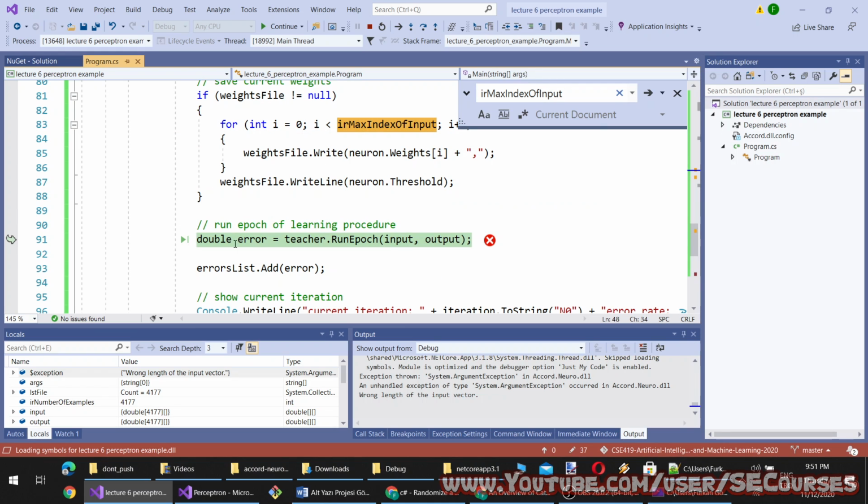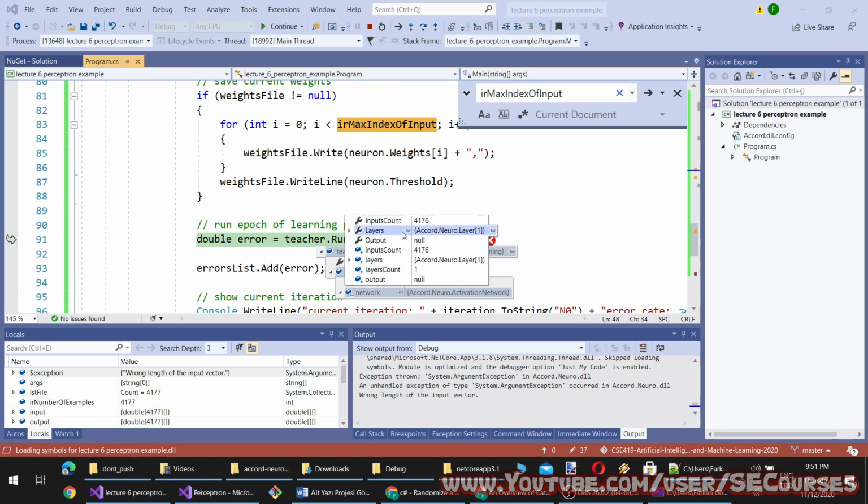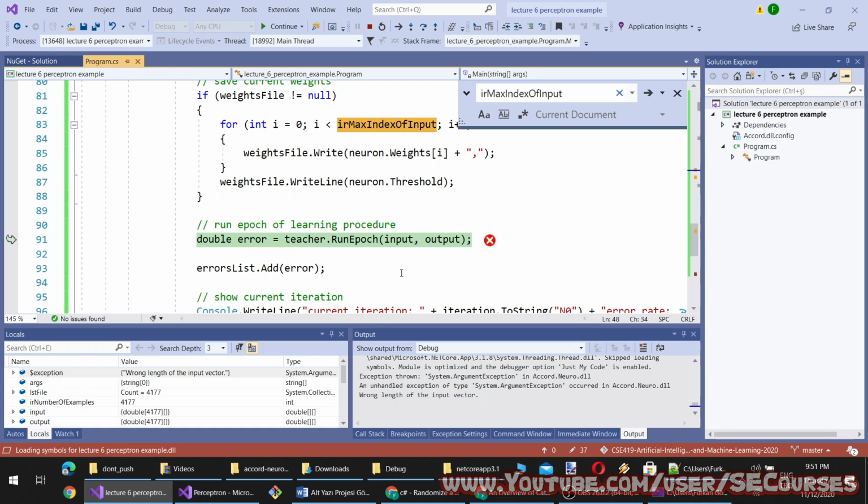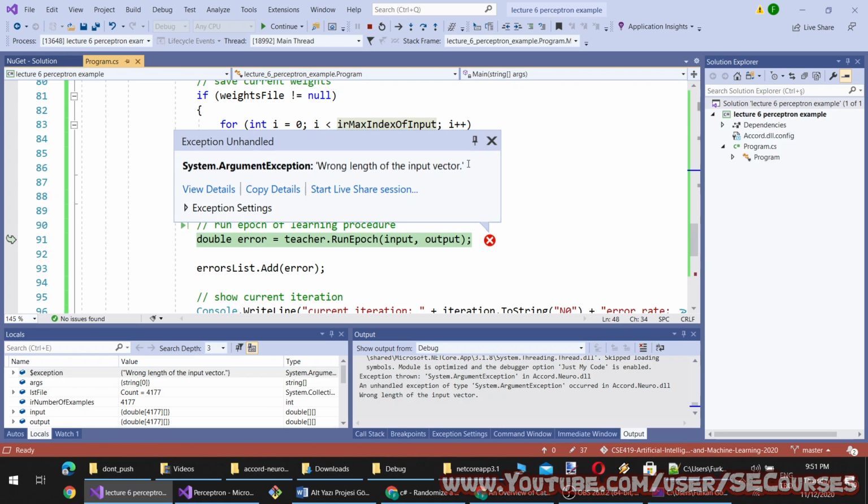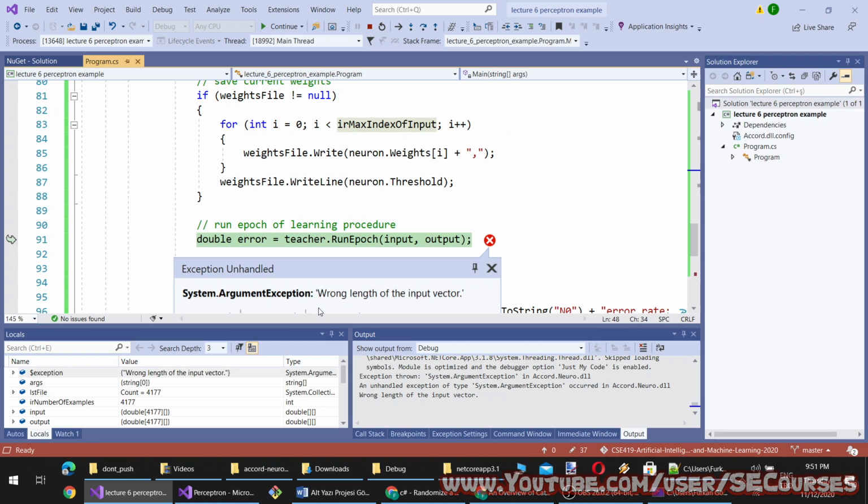This is inputs count, inputs count, layers count. What is the error we are getting? Wrong length of the input error.